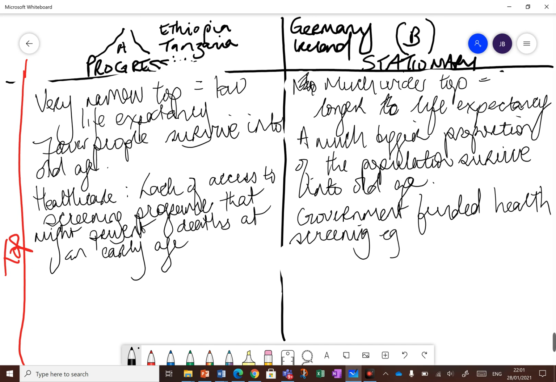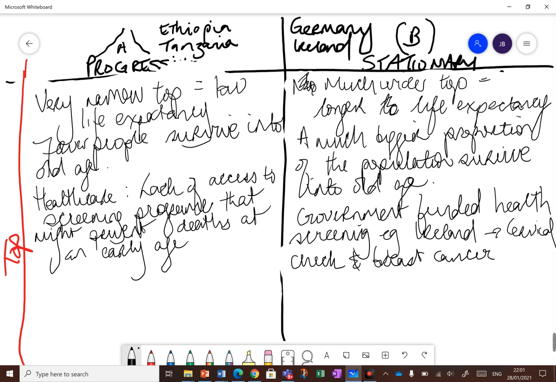And then example in Ireland, we have a cervical check. And what else do we have? We also have breast cancer screening. Okay, so you can give those as examples.